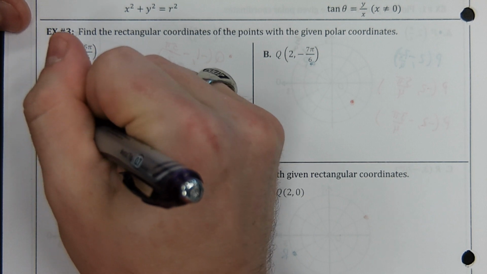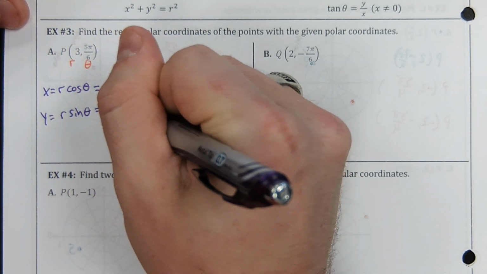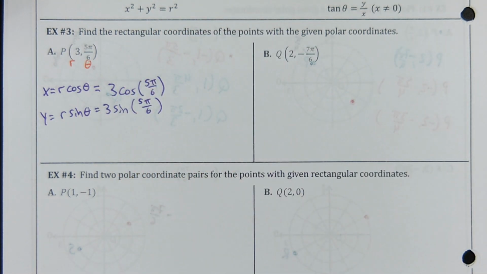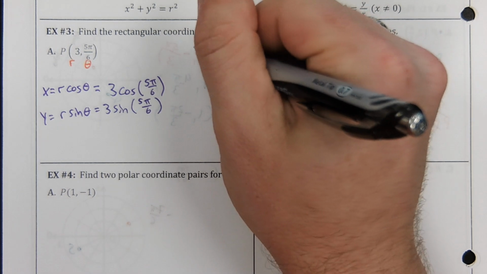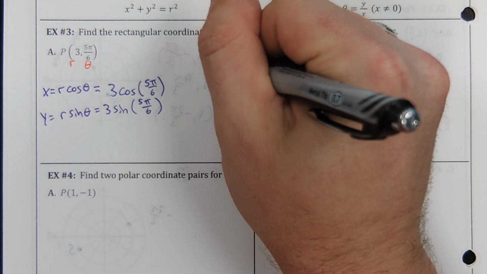Y is r sine theta, or 3 sine of 5 pi over 6. If you had your unit circle memorized, you would just multiply that unit circle coordinate by 3. I don't have my unit circle memorized, so I have to draw an image. Which quadrant is 5 pi over 6? Second quadrant. Okay.